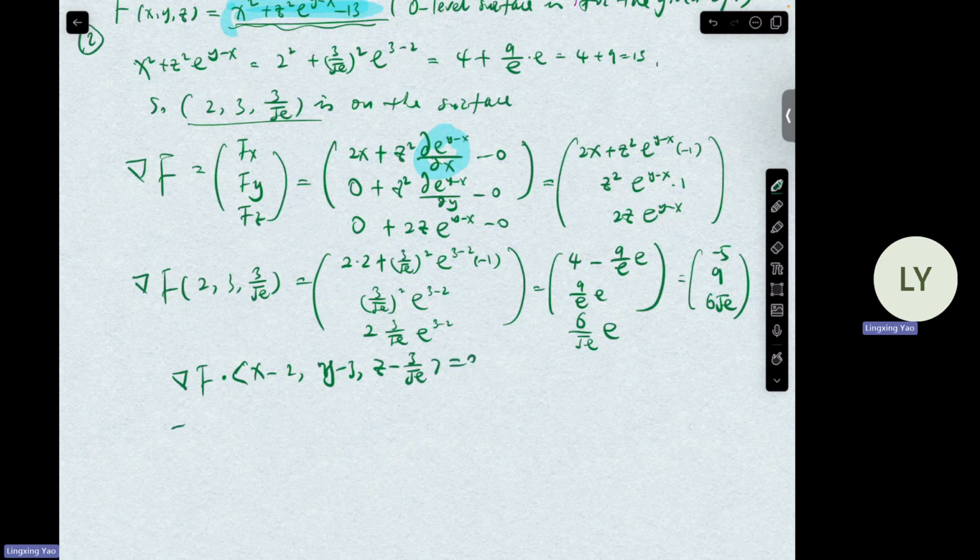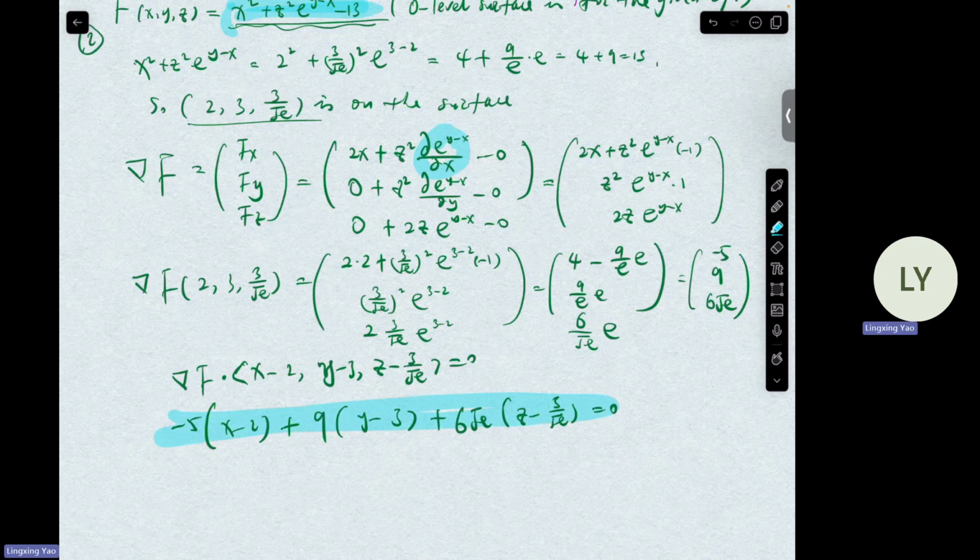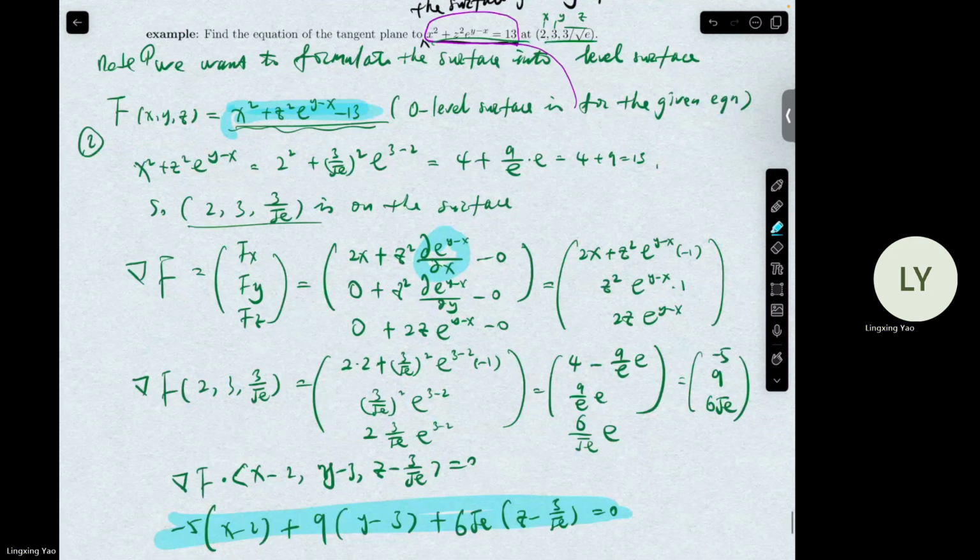So that is -5 times x minus 2 plus 9 times y minus 3 plus 6 times root e times z minus 3 over square root e. There. So this is our equation of the tangent plane for this surface at this given point.